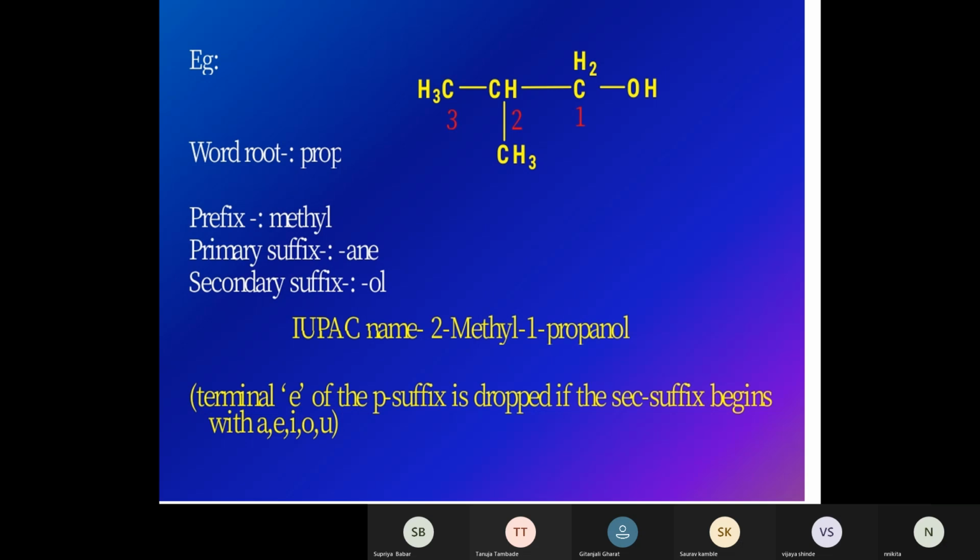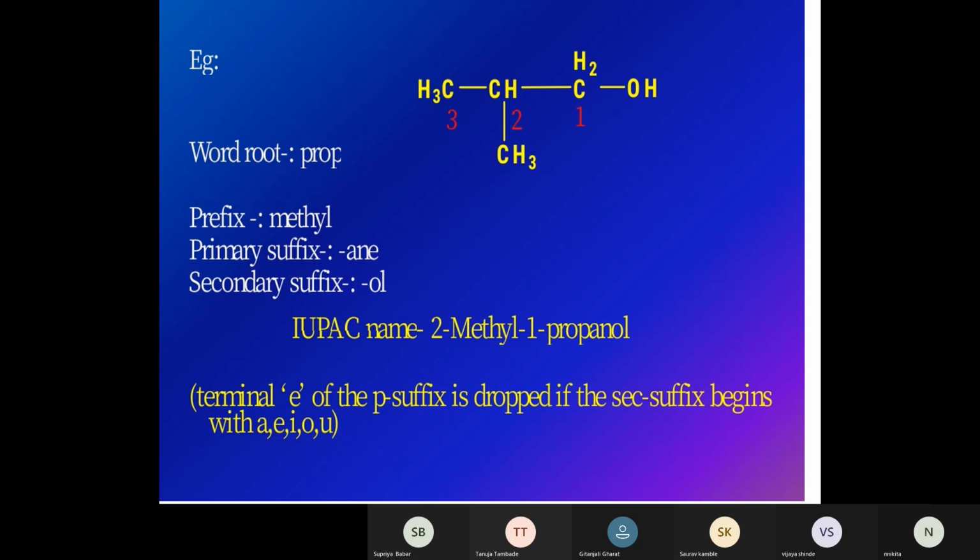So while giving the numbering, there are some points you have to remember. One rule is that you have to start the numbering so that the substituent will get the least number.